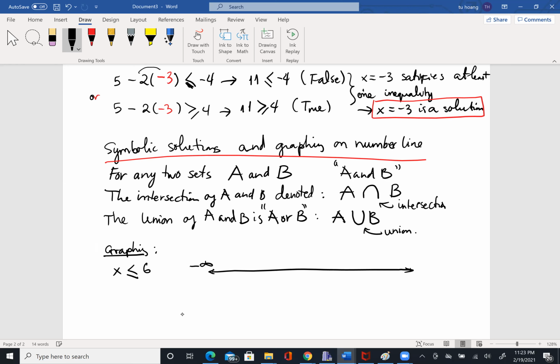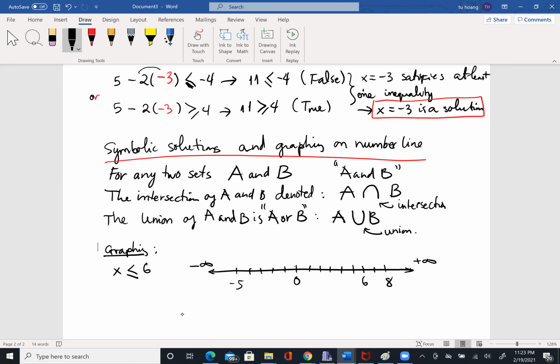This is negative infinity and this is positive infinity. The middle here is 0. And I have 1, 2, 3, 4, 5, 6 here. And here is negative 1, negative 2, negative 3, negative 4, negative 5. Something like that.